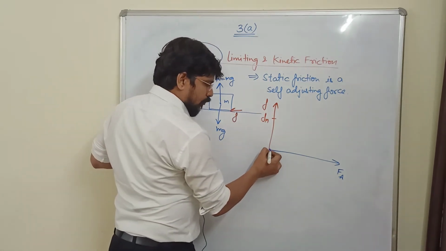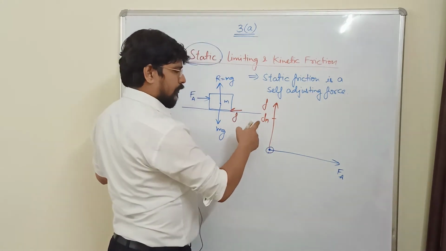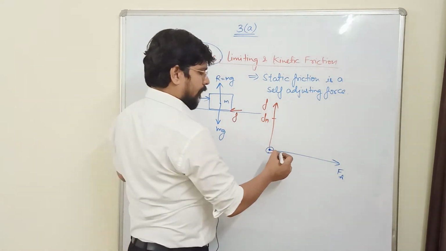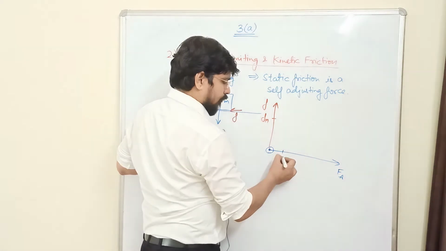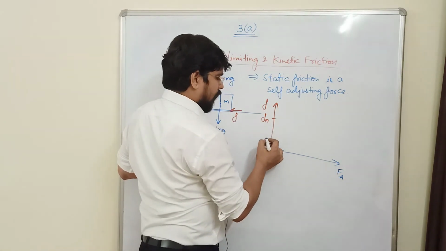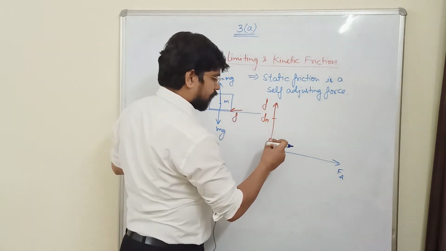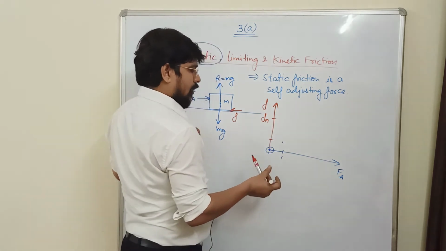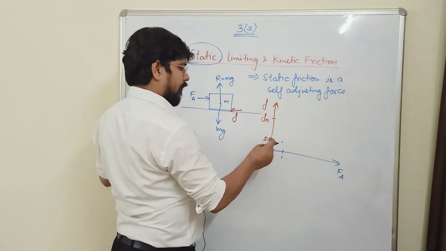So when your applied force is 0, your force of friction is 0, so we get one point at the origin of this graph. Now as you increase your applied force by 1 Newton, the force of friction will also increase by 1 Newton, and we get this point, a straight line, both 1, so 45 degrees.